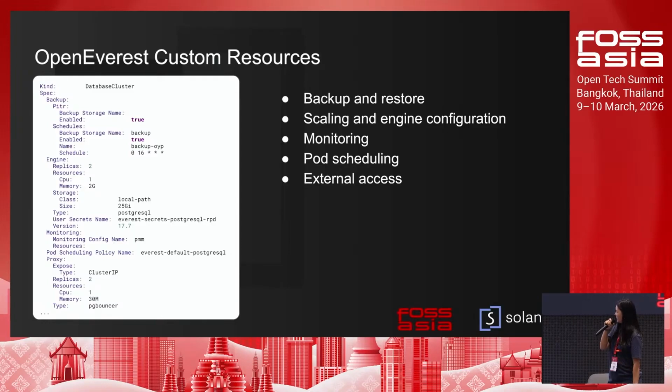OpenEverest has ways to discover available or supported databases, and from that API you can list what databases OpenEverest can create, and also the versions of available databases. In this case, it uses Postgres 17.7.